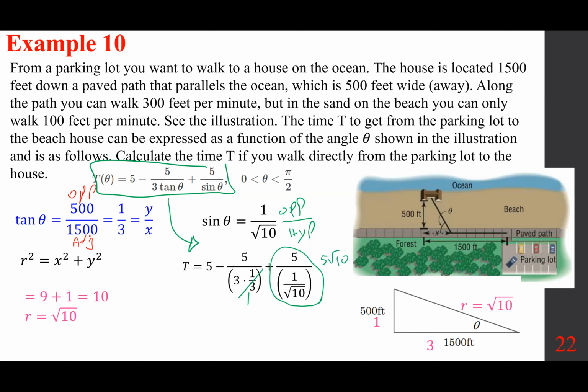This is 5 square root of 10. So the answer is precisely 5 square root of 10. And we can approximate it to 15.8. This was the time in minutes. T is the time in minutes.